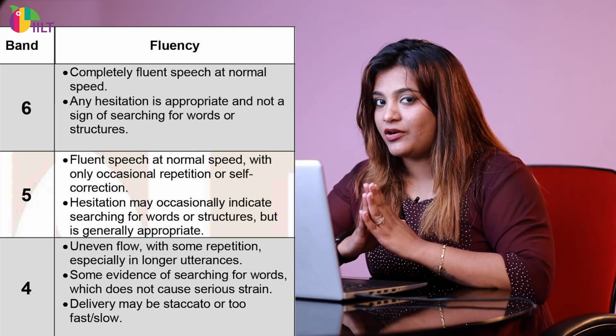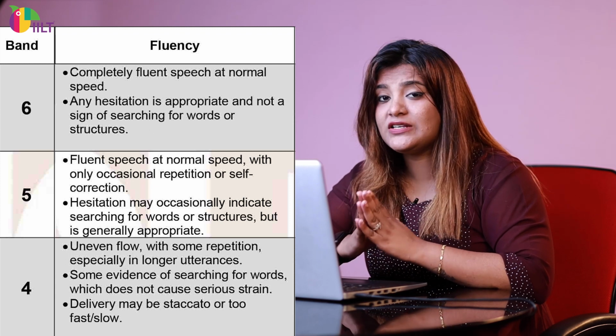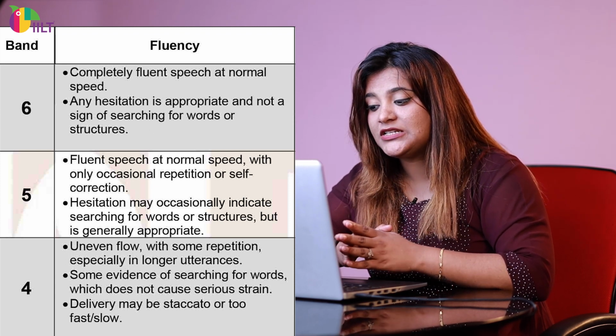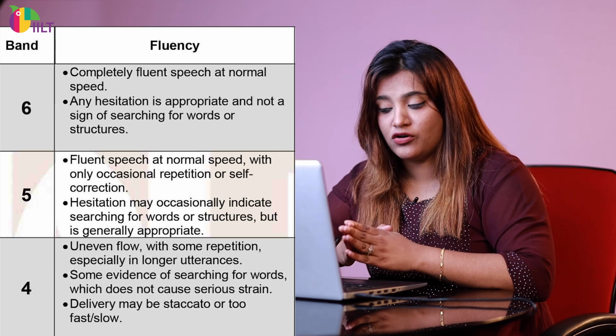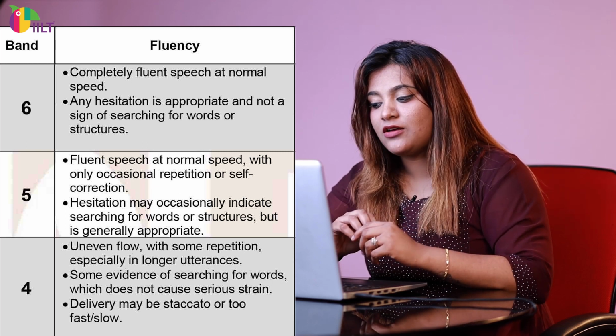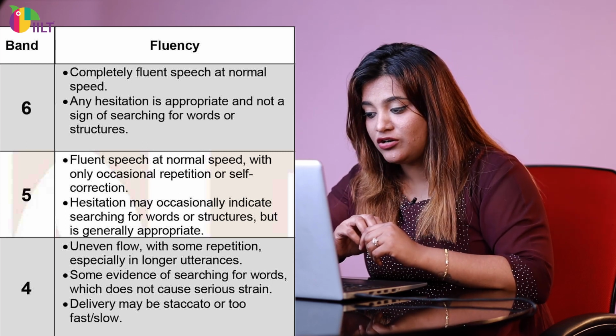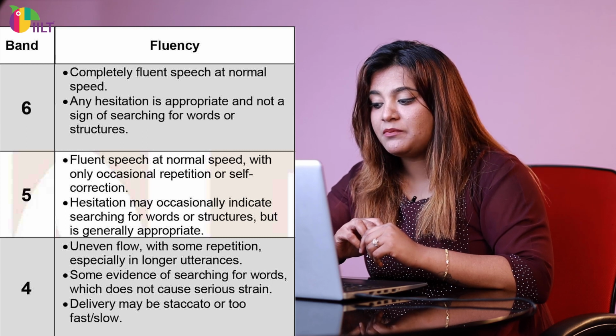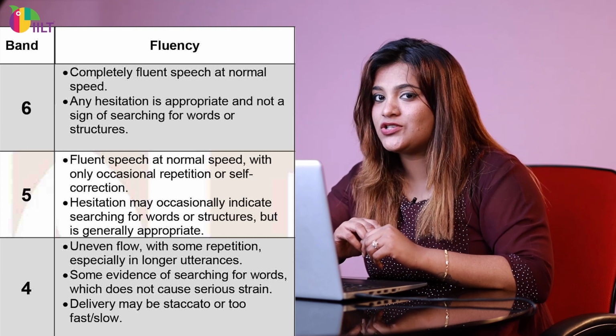Now let's see a 4 band score. If your speech is uneven, with some repetition, especially in longer utterances, some evidence of searching for words which does not cause serious strain, delivery may be staccato or too fast or slow.